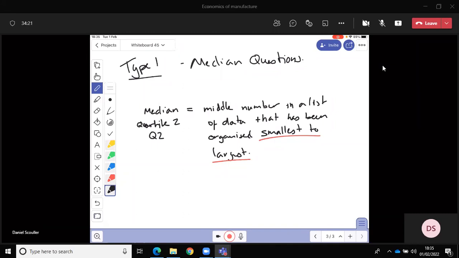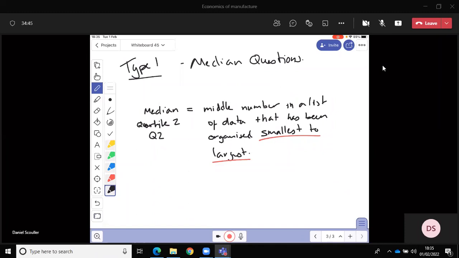Okay, and what the quartiles are is you splitting up the data, the numbers, into 4 equal parts. Okay, and that goes by the number of numbers. Okay, so 4 equal parts, and that's split by the number of them.